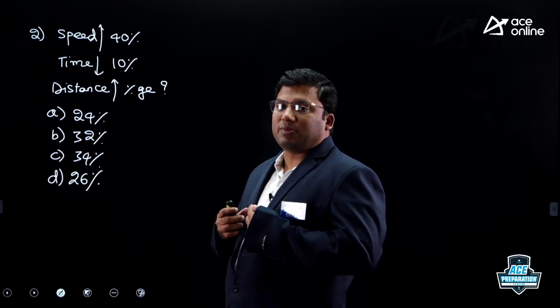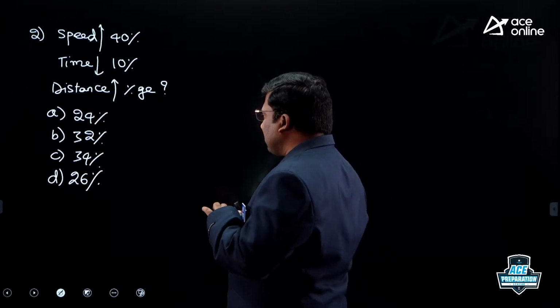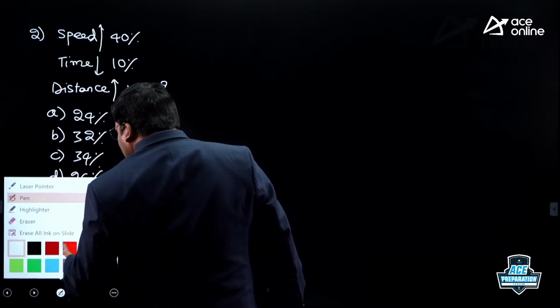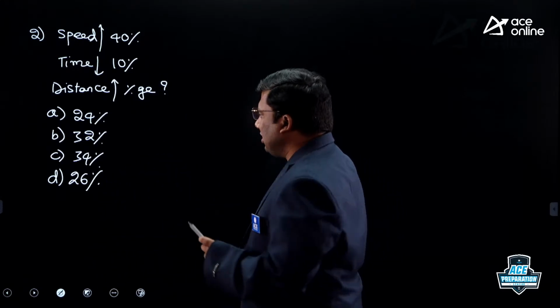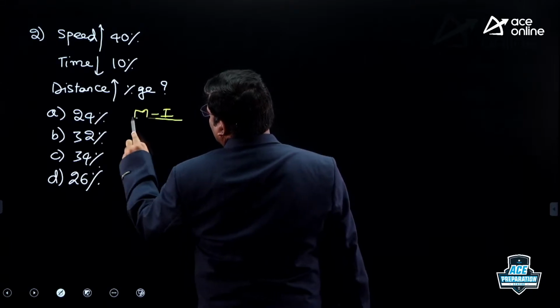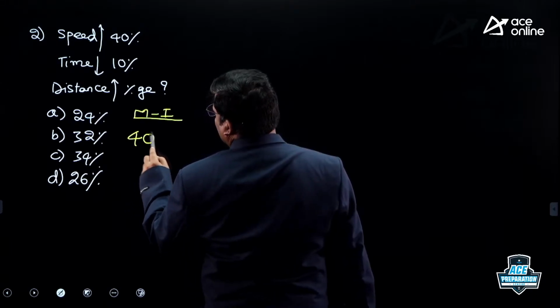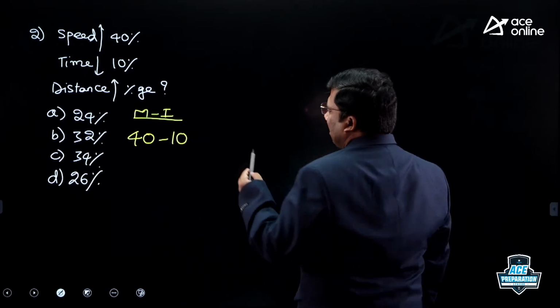Speed increases by 40%. Time decreases by 10%. Distance changes by what percentage? What most students will do is take A as positive 40 and B as negative 10.